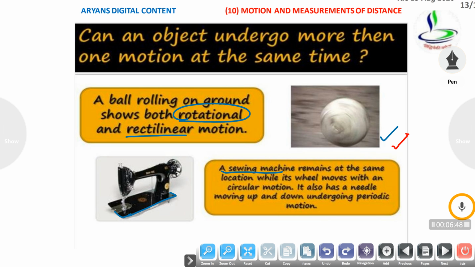Its position is fixed, but its wheel moves with a circular motion, this wheel. It also has a needle here which moves up and down, undergoing periodic motion. So there are two types of motion.